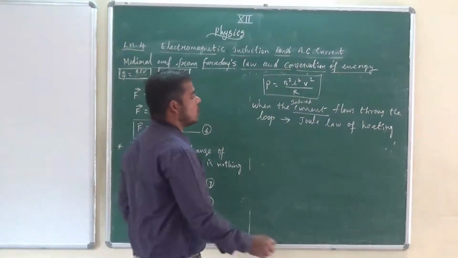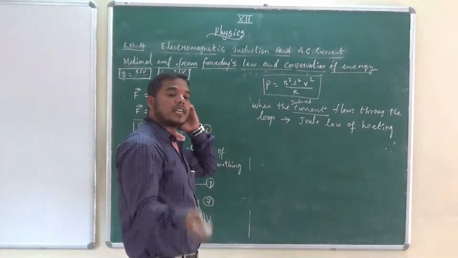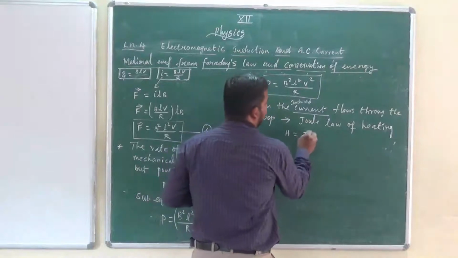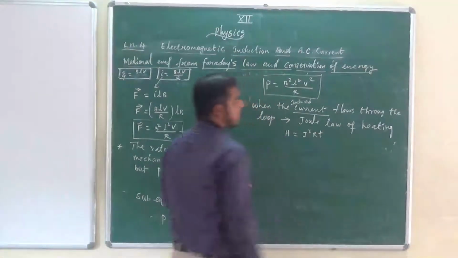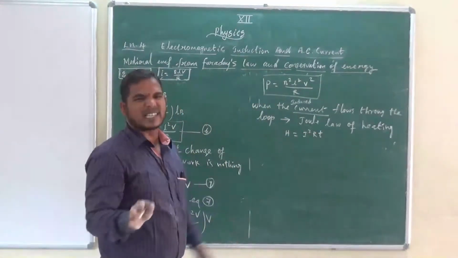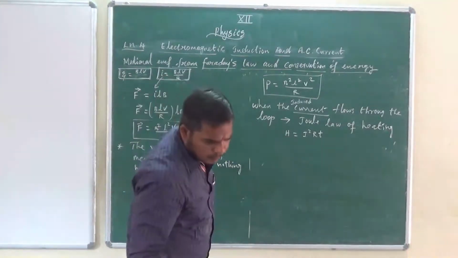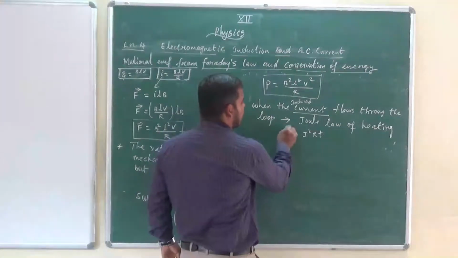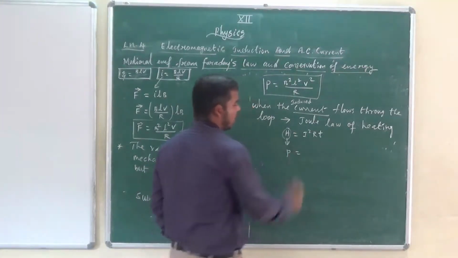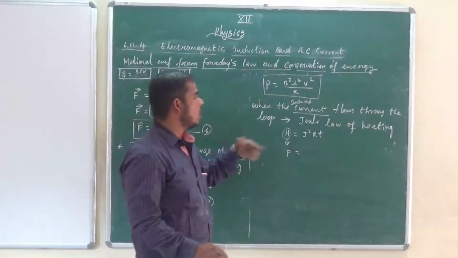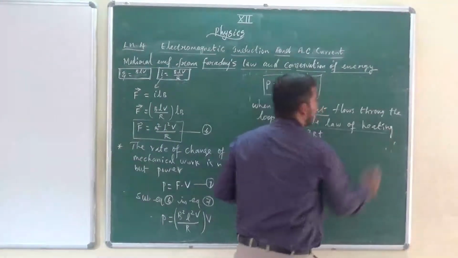According to Joule's law, in lower 10th standard itself we derived the equation. What is the equation? H is equal to I square R T. Here T we take as 1 second, and R is resistance. Next, instead of H, I want to write power P, because heat is also dissipated in the form of Joule's law of heating.